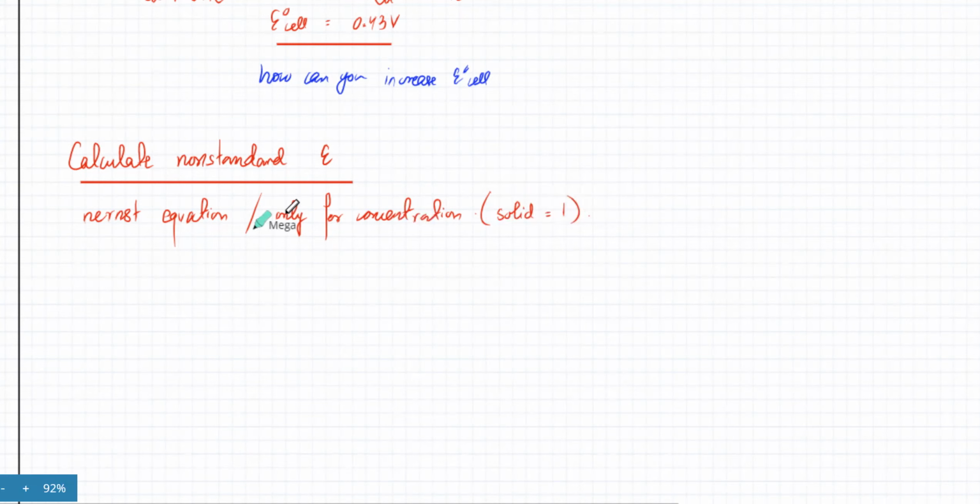So the equation is: the new potential is the old potential plus 0.059, which is a constant, divided by Z, which is the number of electrons, times the log of the oxidized substance and its concentration over the reduced substance and its concentration.